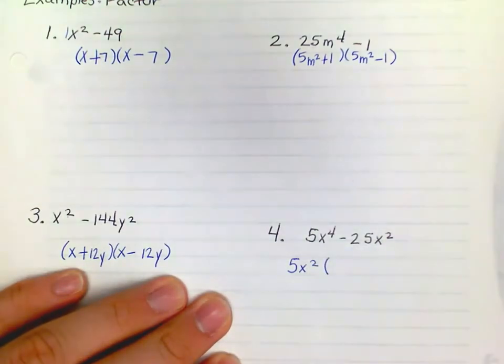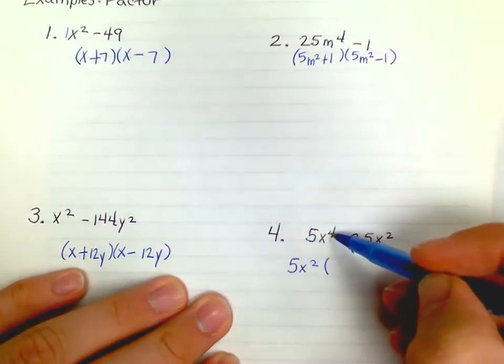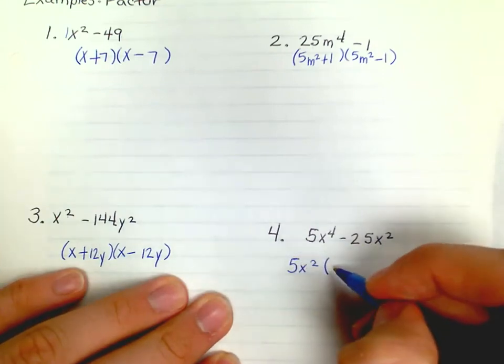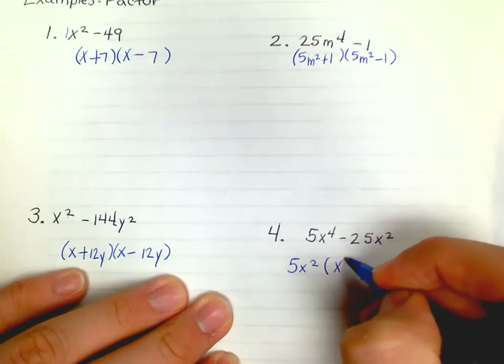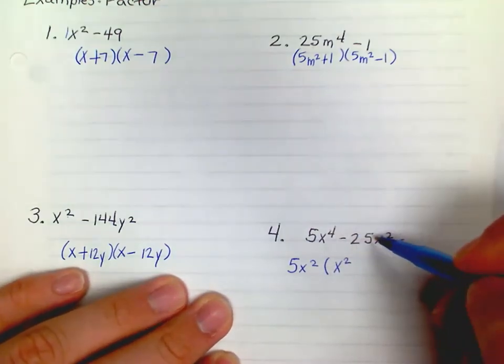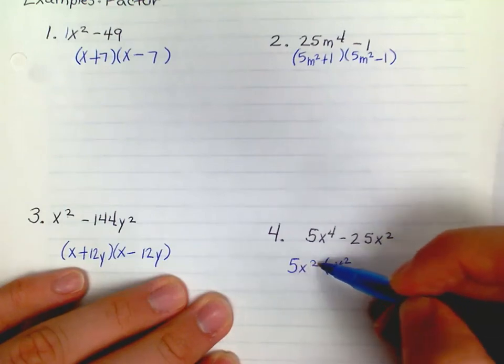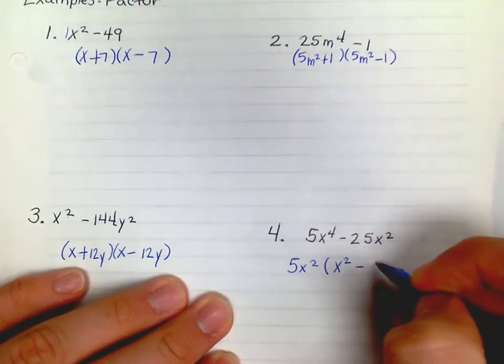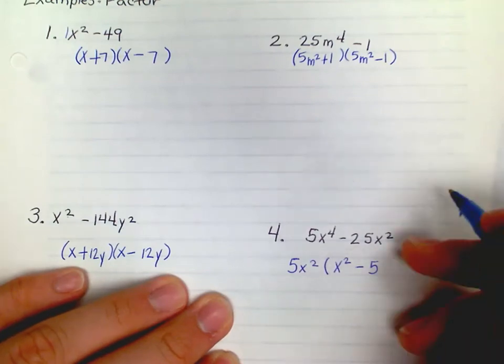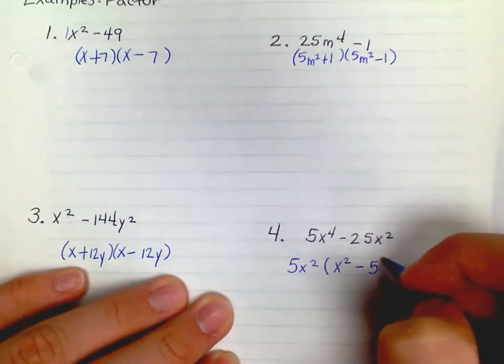Then we factor by dividing the first term, 5x to the fourth, by 5x squared, which leaves us with x squared. And on the right side we have negative 25x squared divided by 5x squared, which leaves a negative 5. And with that we can close parentheses.